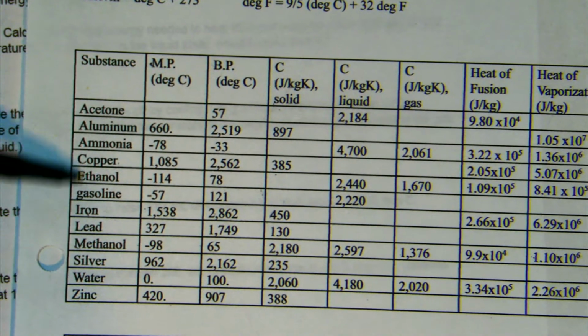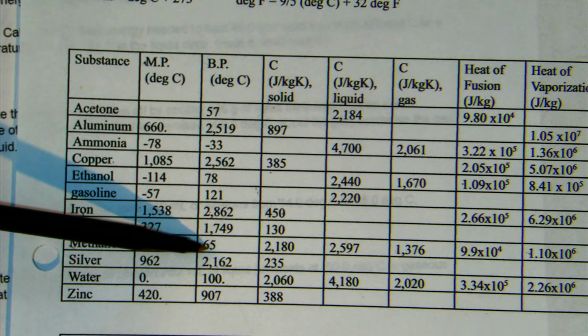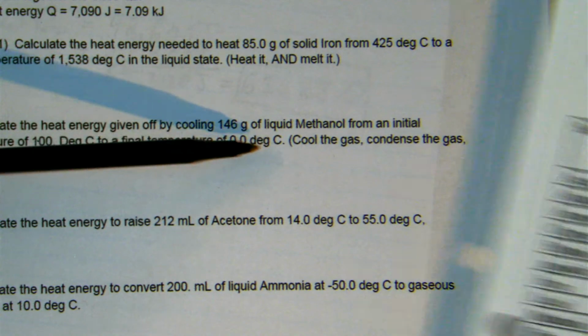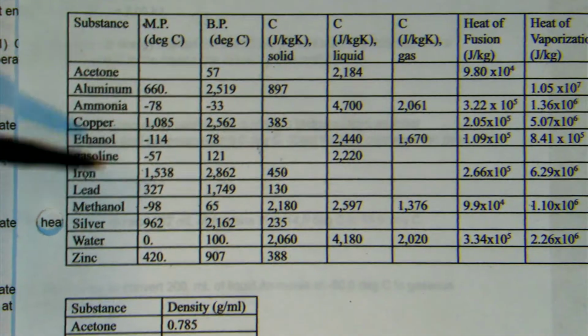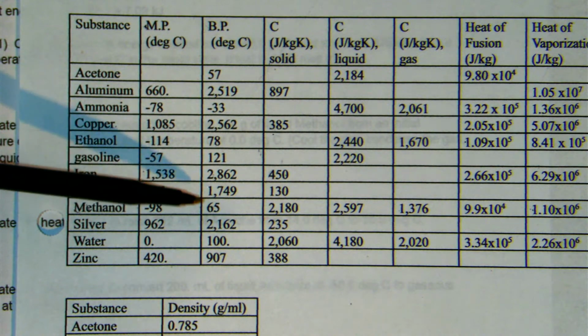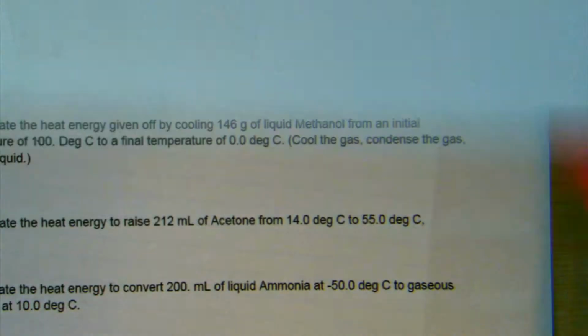That is above its boiling point. So it's going to begin as a gas. The problem ends at 0 degrees Celsius, which is above its melting point, but it's below its boiling point. So it's going to end as a liquid.